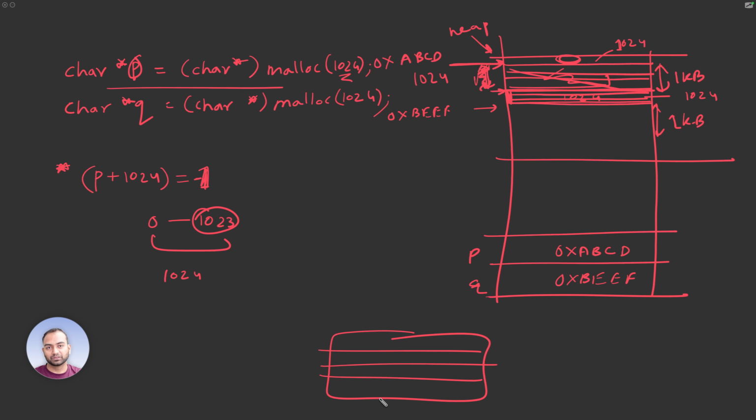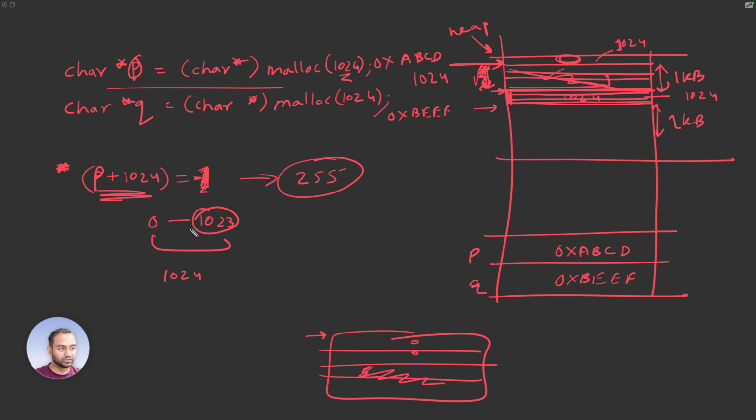And maybe to represent 1024, we only needed 2 bytes here, so the others were 0. But because of this math here, a character pointer incremented by 1024 and then dereferenced, we write a -1 there, but -1 is nothing but 255 in the char world.